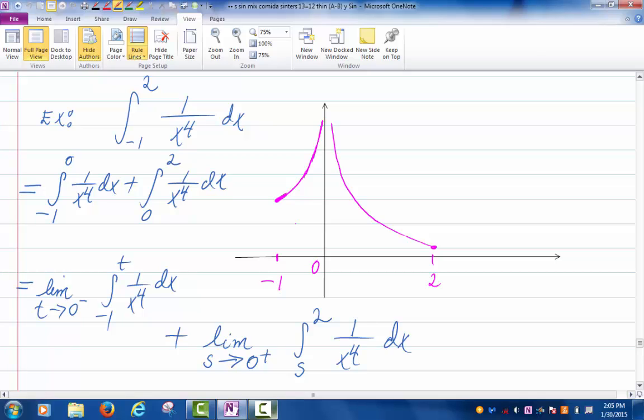So let me show you what kind of optimization problem we're looking at. Generally speaking, in an optimization problem, you have a certain quantity. I'm going to call that z.